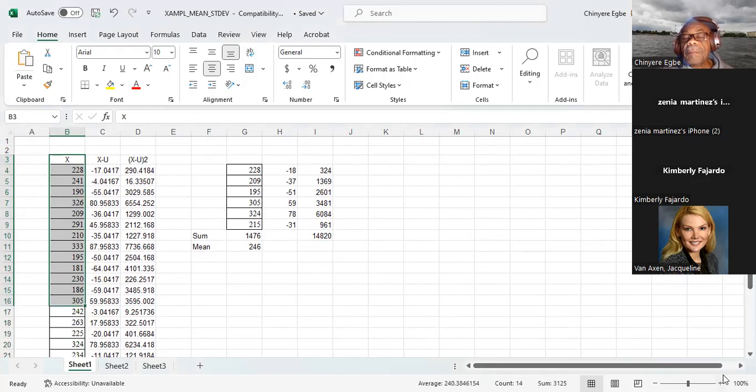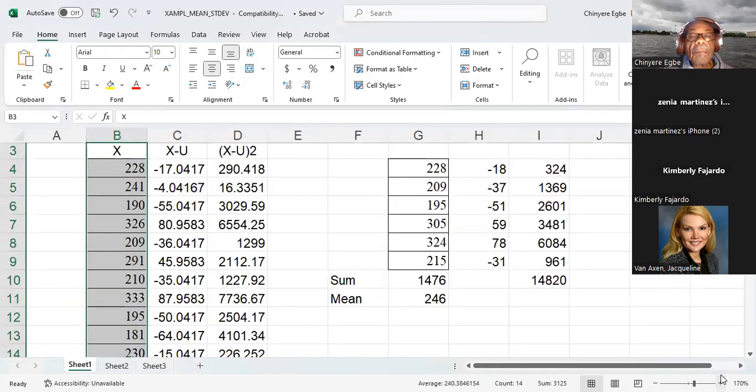Can you see my screen? Okay, all right. So let us say we have a variable x, and the variable has the values 228, 241, and so forth. We're going to take 10 of them.